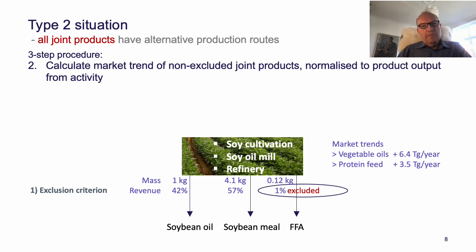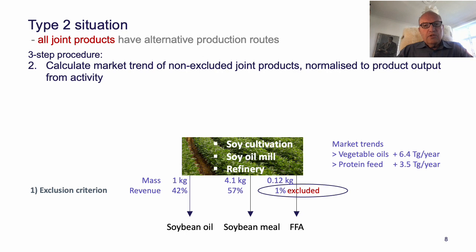The vegetable oil market has an increase annually of 6.4 million tons, here expressed as teragrams. The protein feed market globally has an annual increase of 3.5 teragrams.